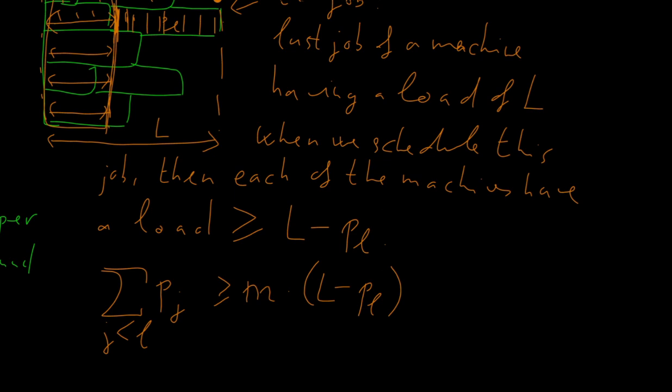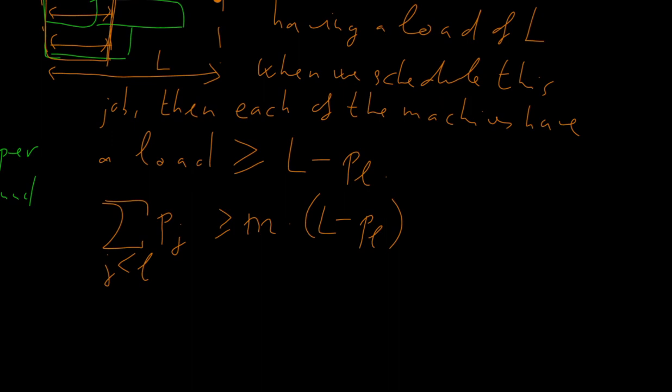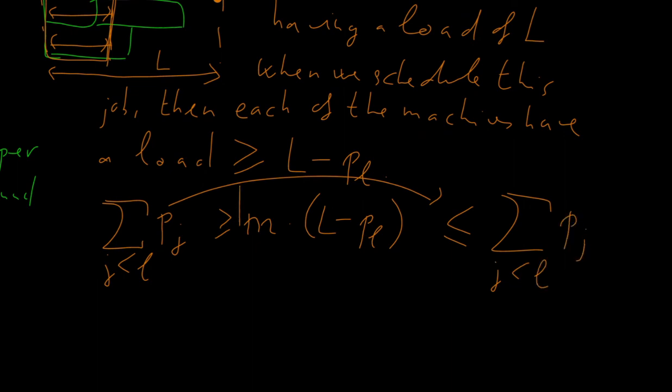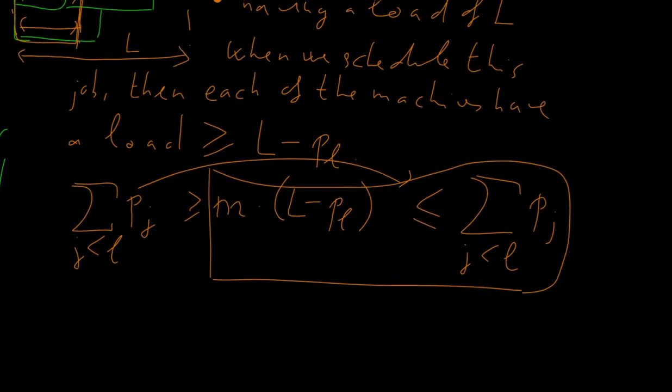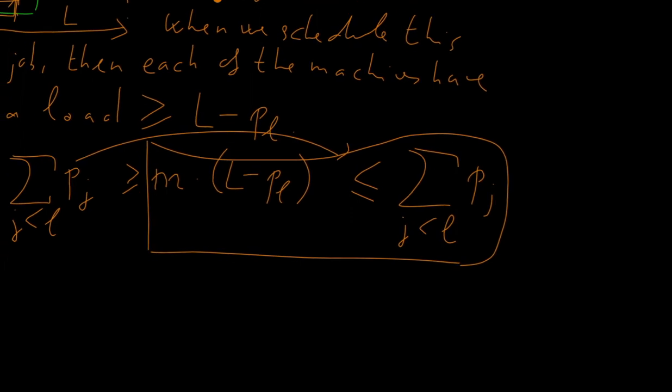Now I can make some sort of rearrangement. First I'm pushing this term over, because for me an inequality with at least is easier to parse. So I'm starting with this inequality, and then I just divide by M and add PL.